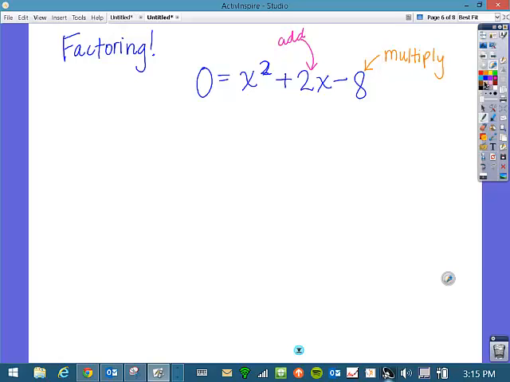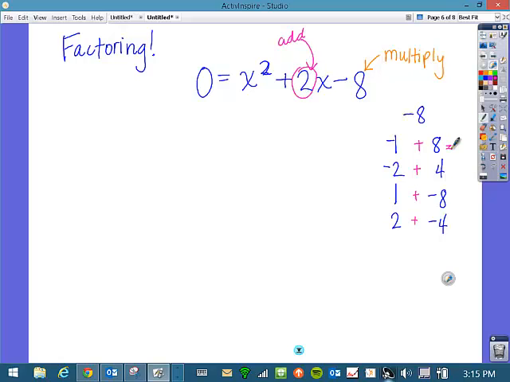So I'm going to make a list of factors of -8. So I think -1 and 8, -2 and 4, or I could do +1 and -8, or +2 and -4. Then I want to add those numbers together and check and see what I get. I want them to add up to +2.